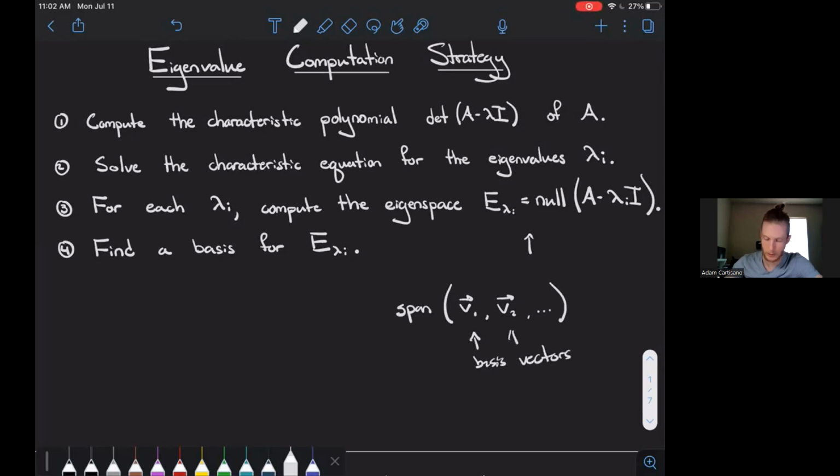So we'll do steps 3 and 4 simultaneously. The most time-consuming part is this first bit where we have to compute a determinant, and then there is something to be said for computing the eigenspace for each eigenvalue. That can be difficult because we don't know how many we're going to get.